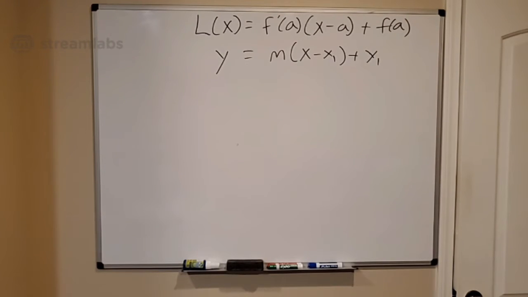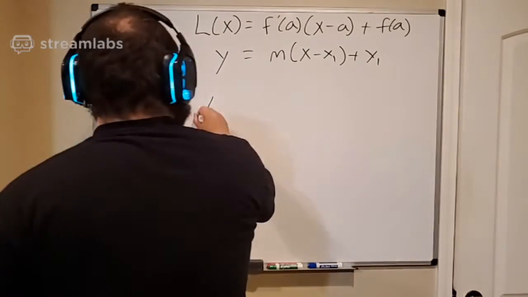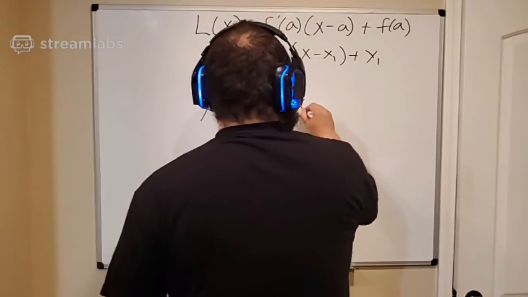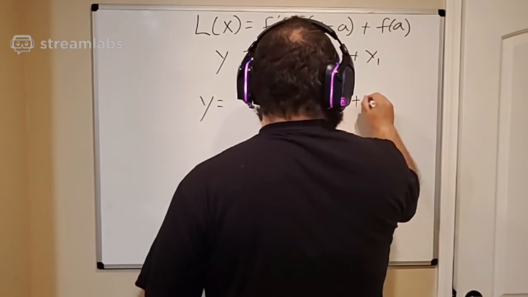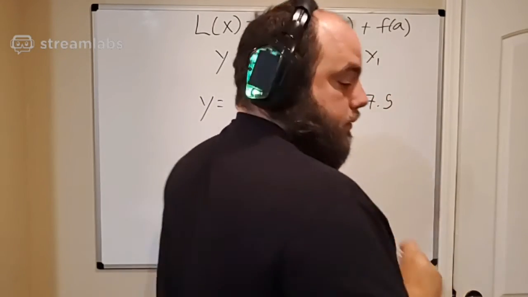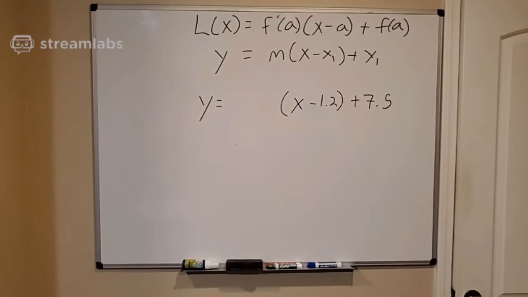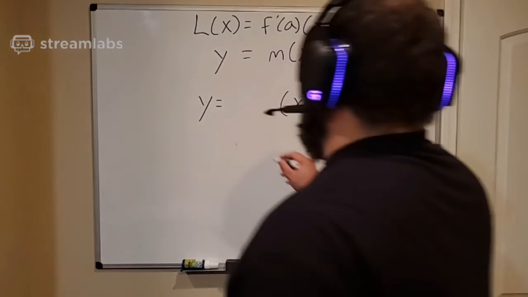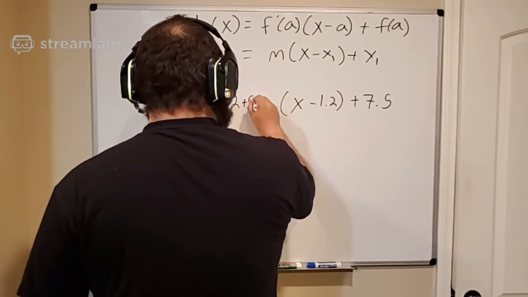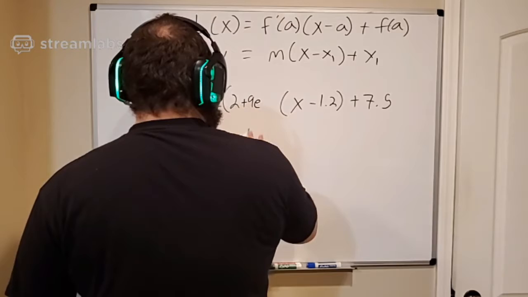So I'm going to write everything out, and then we'll just solve it. So 1.2, 7.5. And then what is this? 2 plus 9e. And my slope is 2 plus 9e. What's the exponent on e, somebody? 0.4 sine t.